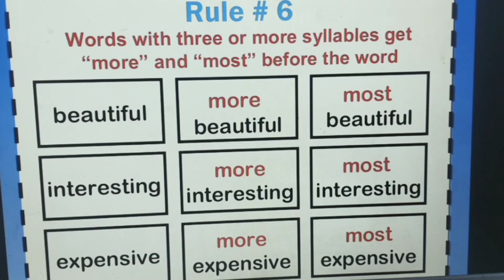Rule number 6. Words with 3 or more syllables get more and most before the word. Beautiful, more beautiful, most beautiful. Interesting, more interesting, most interesting.